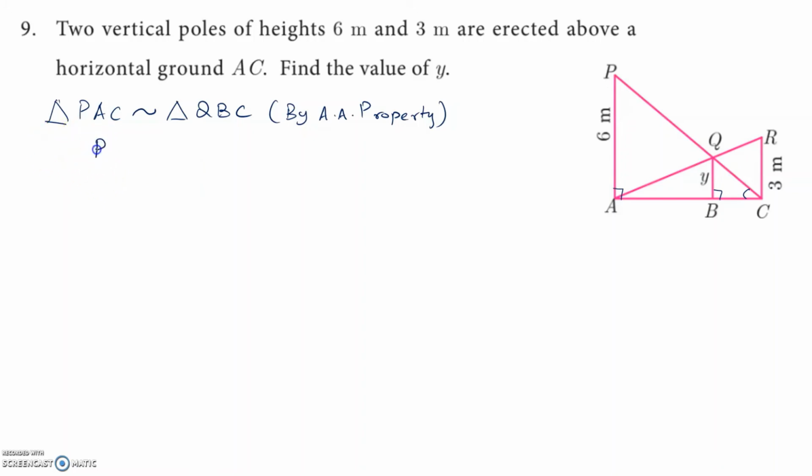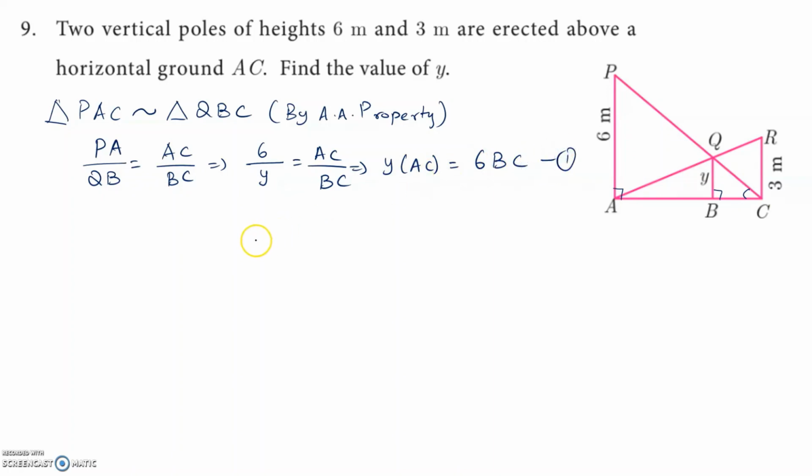PA by QB is equal to AC by BC. Since we know PA is 6 and QB is Y, 6 by Y is equal to AC by BC, and further we can say that Y times AC is equal to 6 times BC. Okay, we'll keep this as 1.